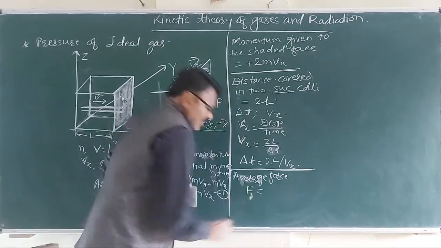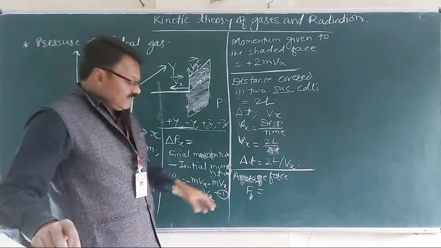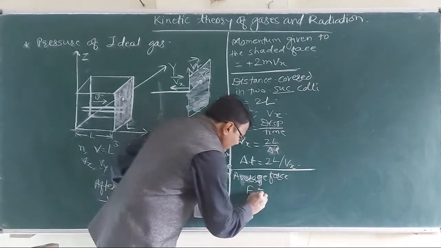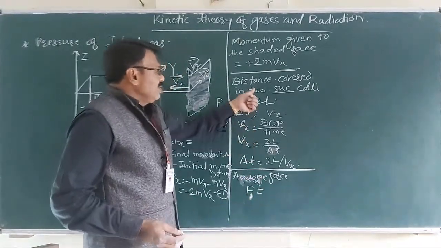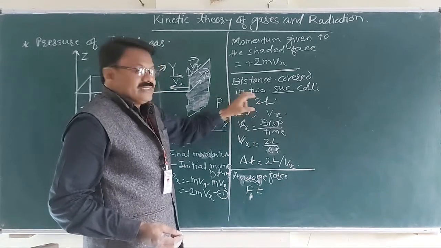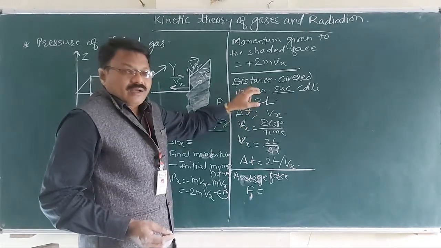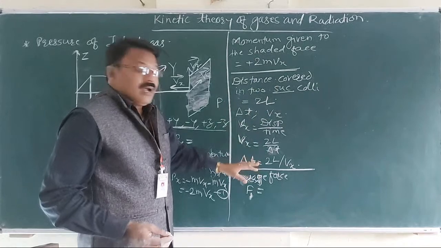Now, the average force exerted by the first molecule, represented by F1, is equal to the average rate of change of momentum. That means the average change in momentum along the x-axis upon time.